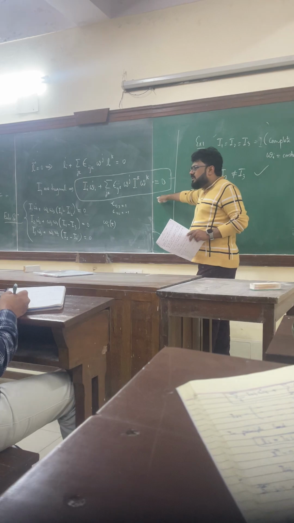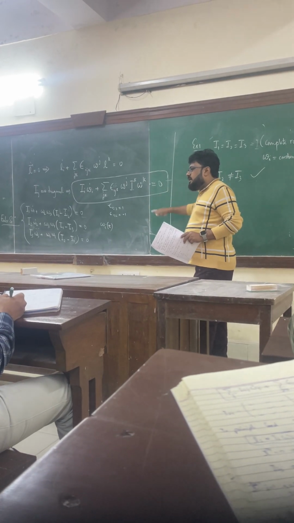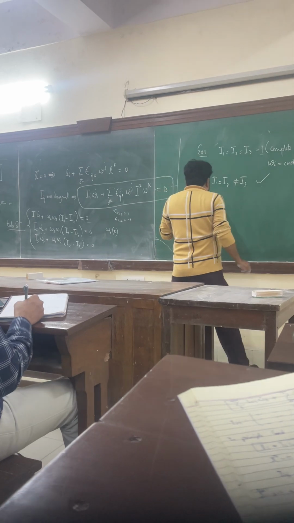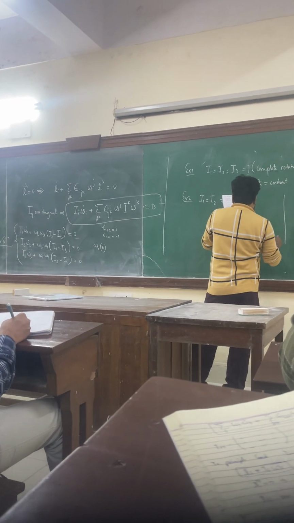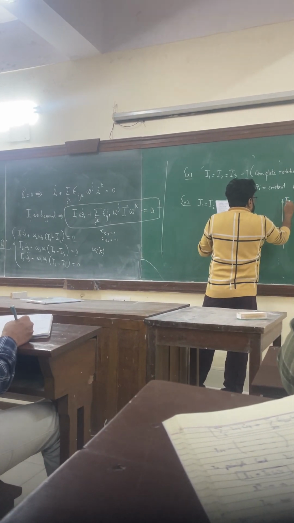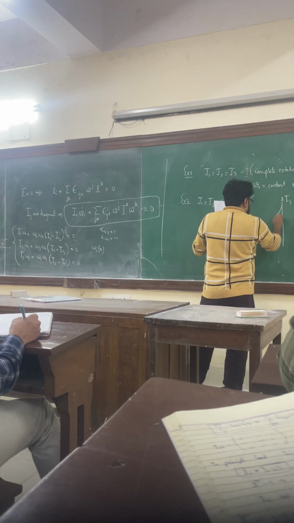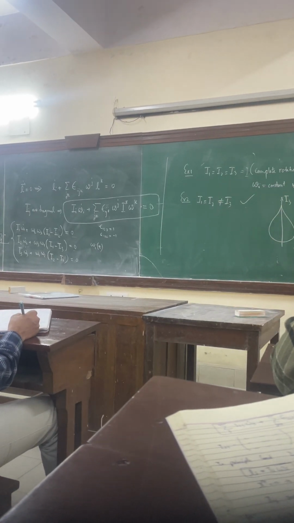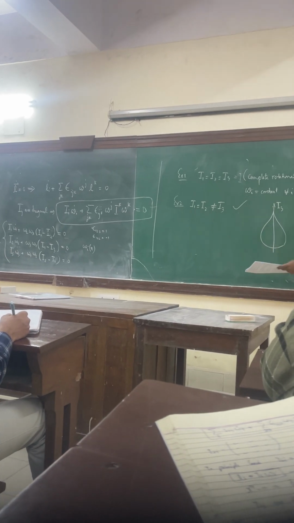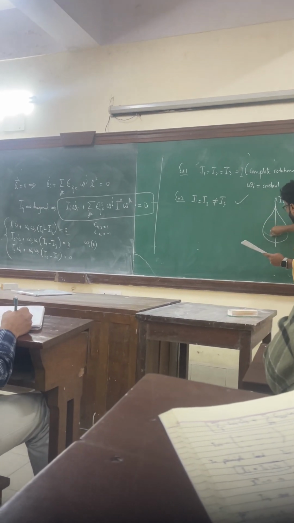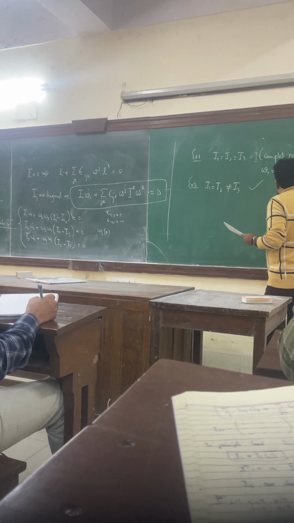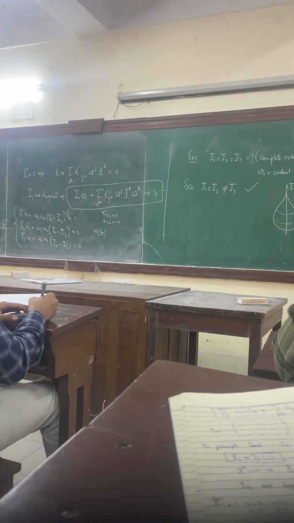These probably you have not done in undergrad, or it was done in undergrad, so this is a new thing. For example, an object like this, this is the I3 axis, because we have to do it in the next class, so let me tell you, it is called a top.